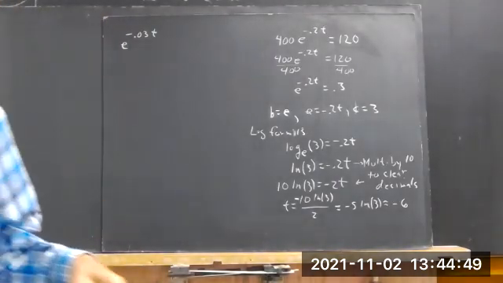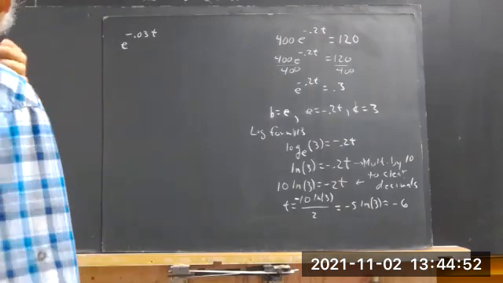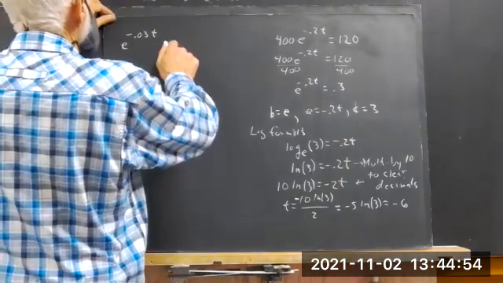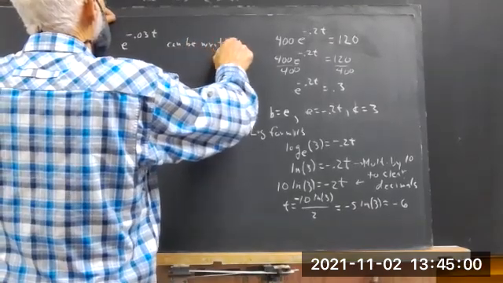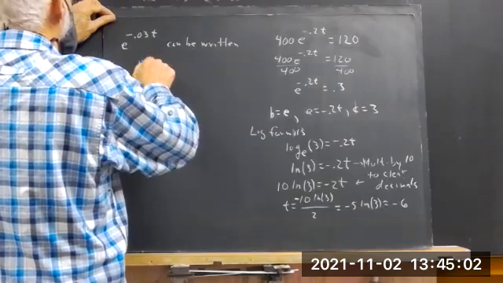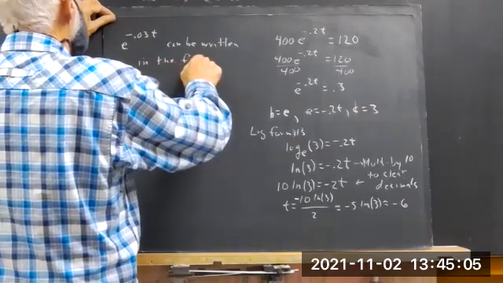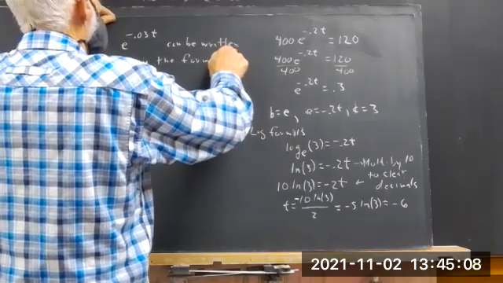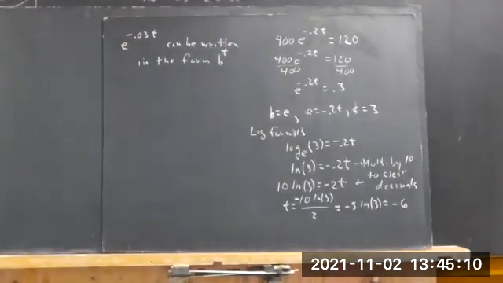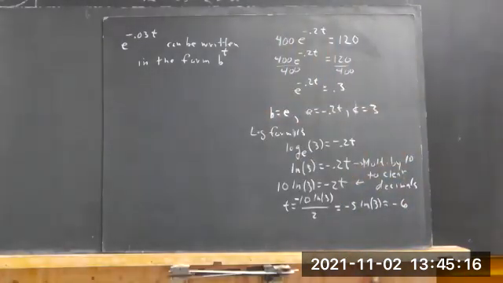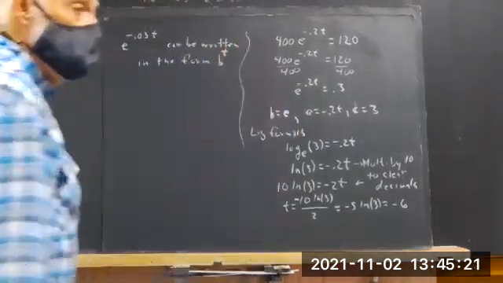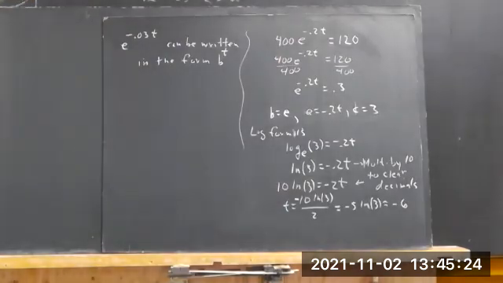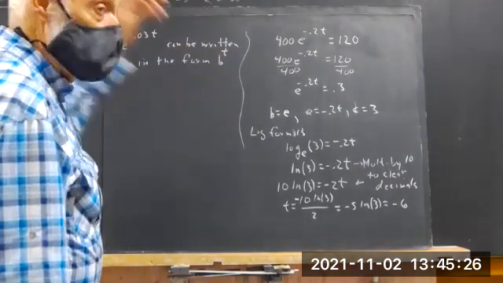Okay, e to the negative 0.03t can be written in the form b to the t.